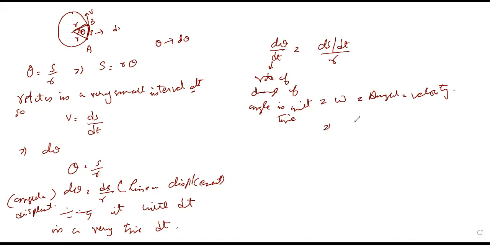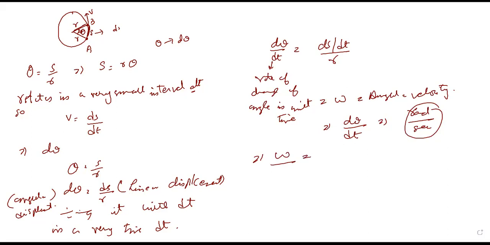Since omega equals d theta by dt, where the angle is in radians, it will be radian per second in SI units. Now, d theta by dt is omega.